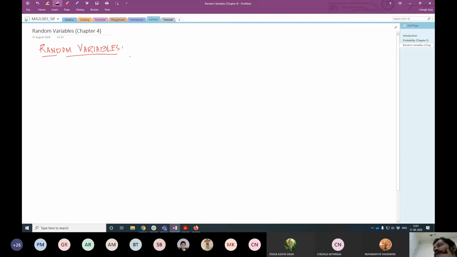It is basically a function from the sample space. Sample space is the set of all elementary elements.